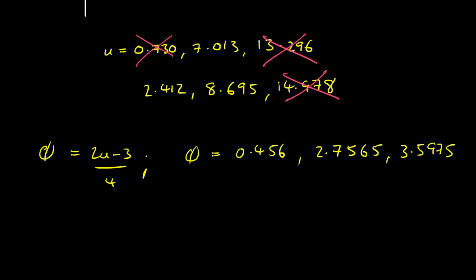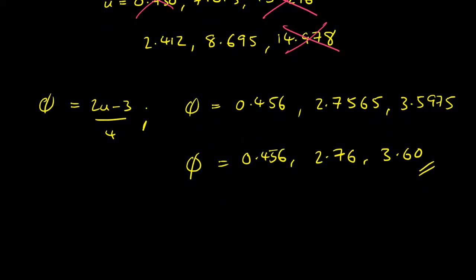So the solutions that I've got are 0.456, that's one answer, 2.76, that's another answer, and 3.60. They want it, I think, to 3 significant figures. So you'd have to rewrite this as 0.456, 2.76 and 3.60, and that would be your answers in 3 significant figures.